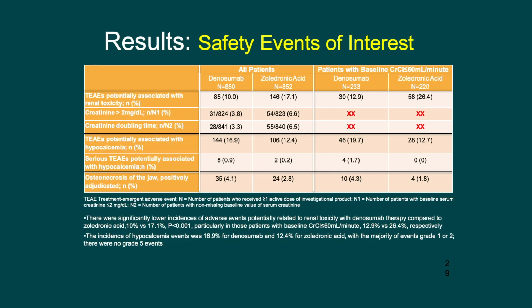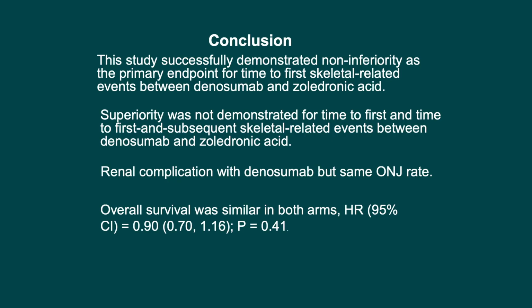So these are the safety issues of interest: the renal issues that you don't see with denosumab but you're going to see some with zoledronic acid, and the osteonecrosis of the jaw was about the same, statistically not different. So I guess the conclusion is that we have 2 drugs to treat bone disease, both effective, maybe one improves overall survival compared to the other.